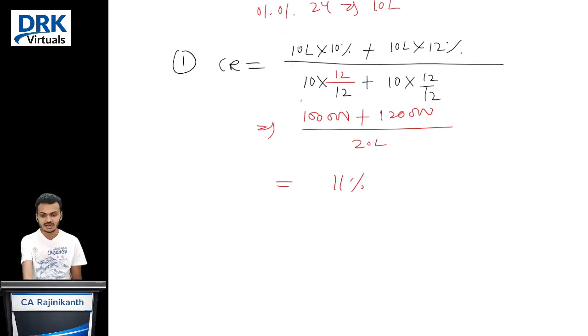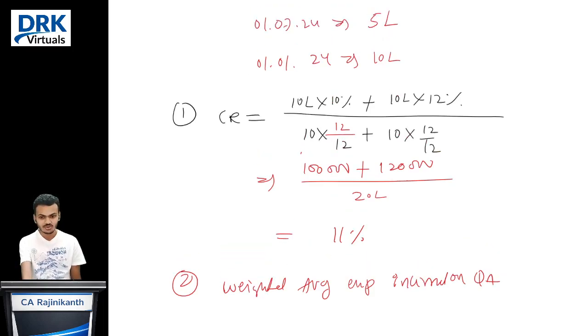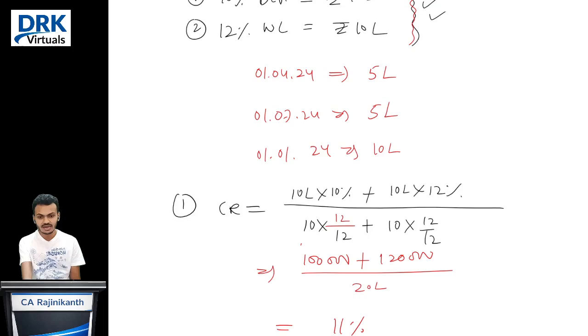And next, calculate the weighted average expense incurred on qualifying asset. So let's start. 5 lakh into how much? This is outstanding for 12 months. This 5 lakhs is outstanding for how much, sir? 9 months.